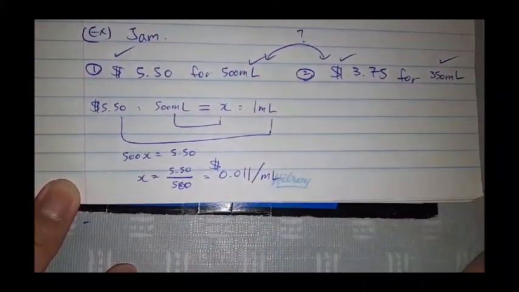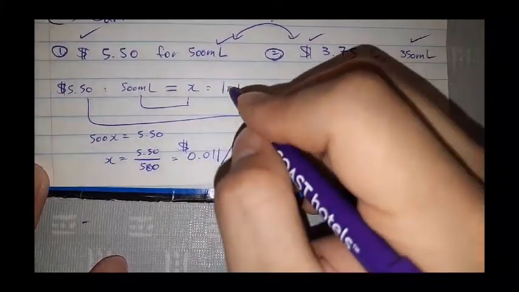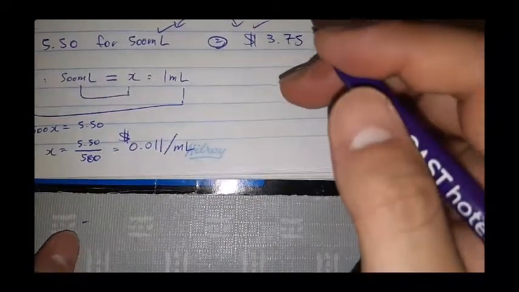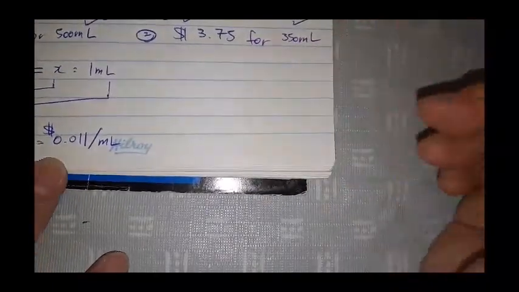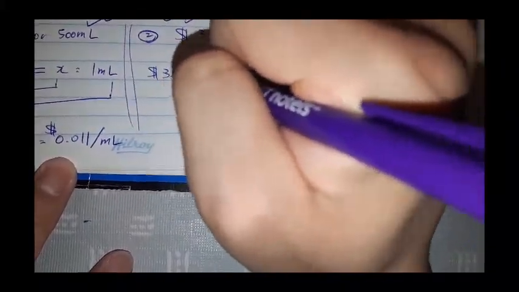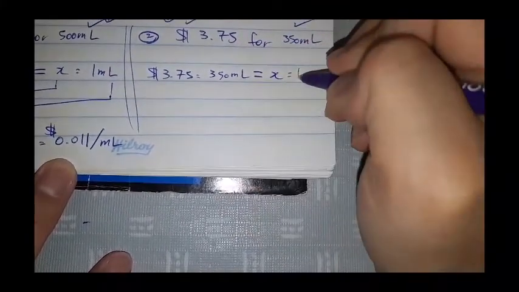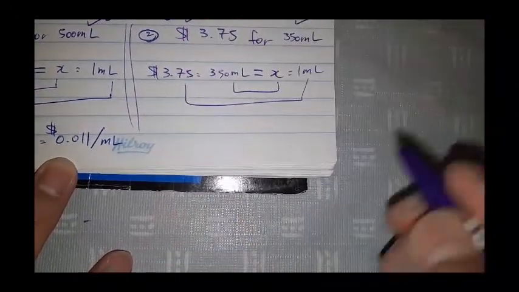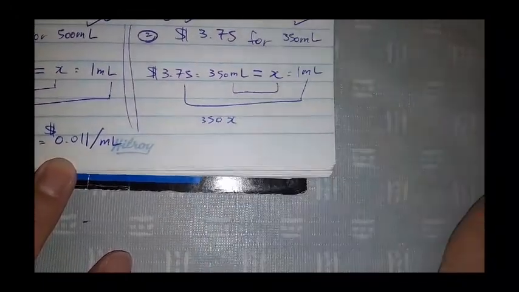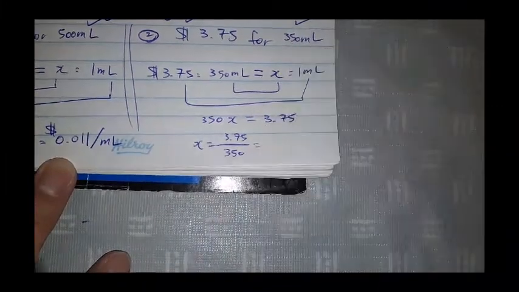per milliliter. As you may see, it goes beyond the cent, so if you want to go per 100 mL, feel free, which I probably should have. But in the same situation, $3.75 for 350 mL. How much will it cost for 1 mL? 350x is equivalent to 3.75. x is 3.75 divided by 350.